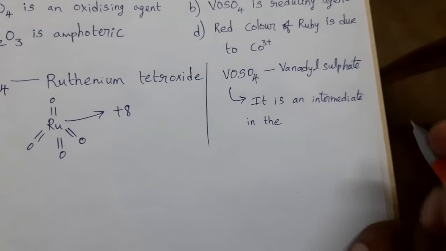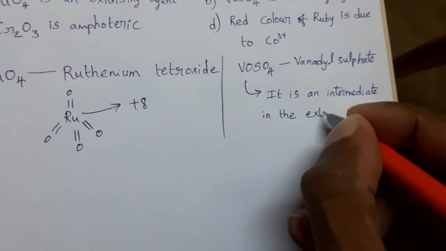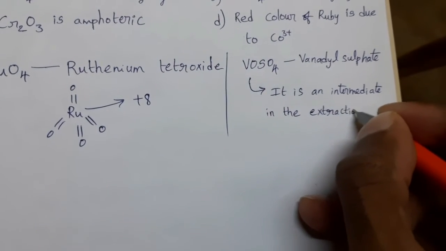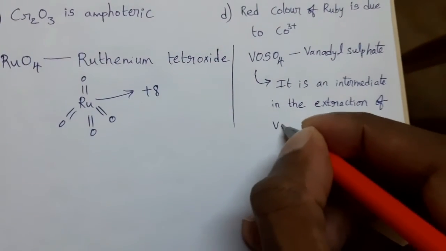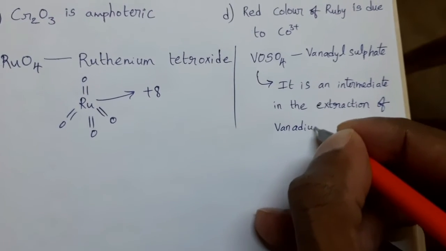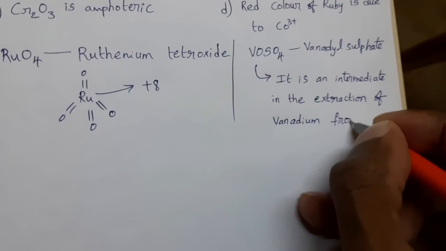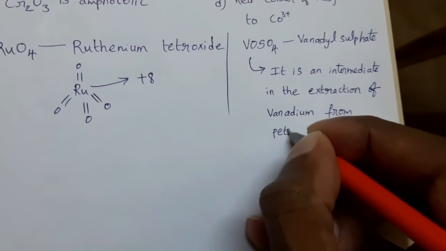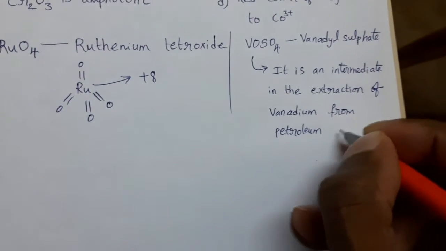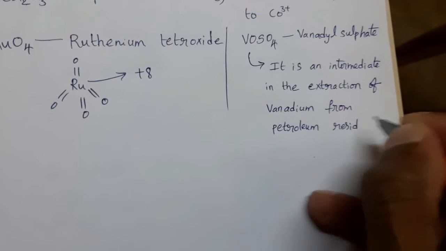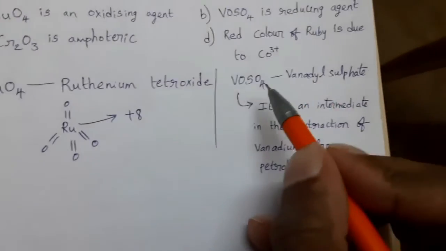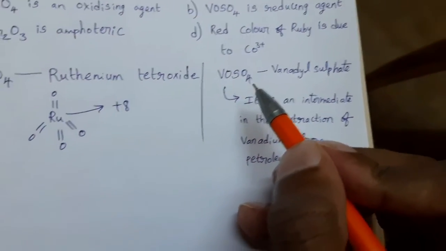This compound is an intermediate in the extraction of vanadium from petroleum residues. From petroleum residues, we can extract vanadium. In that process, this compound is obtained as the intermediate.